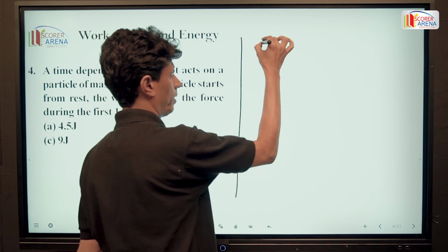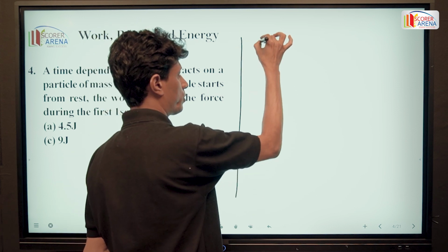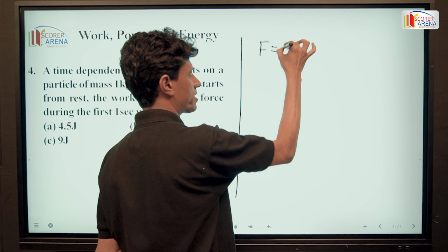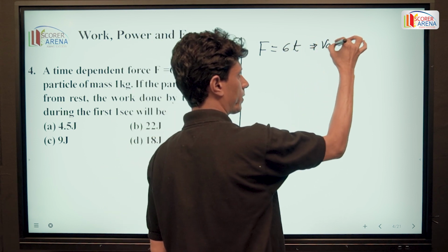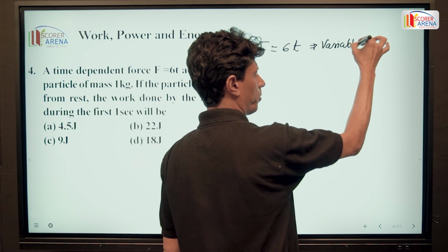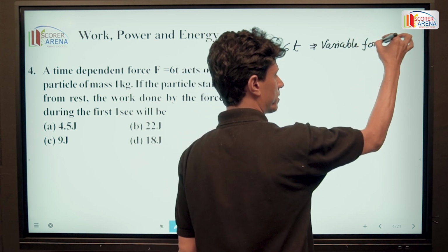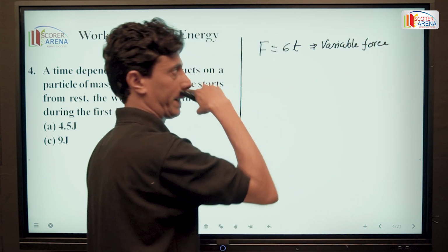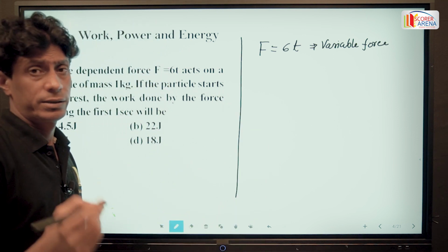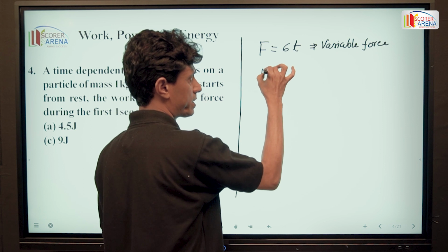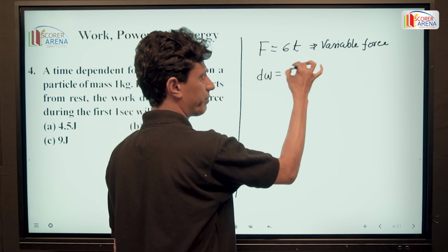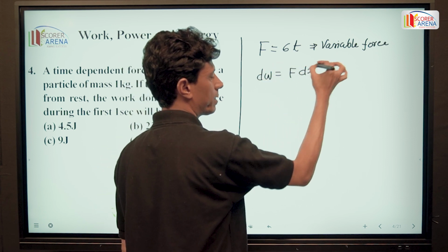Here the force given in the problem is 6t and this is a variable force. And work done under a variable force by definition is dW equal to F dx.